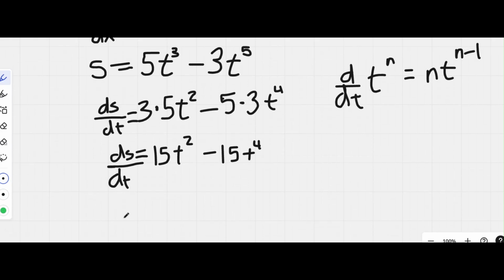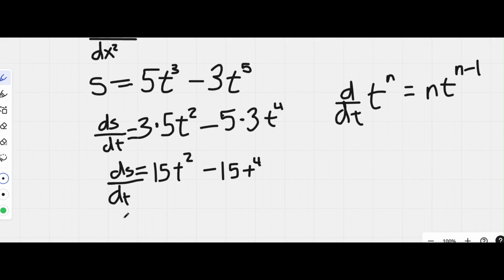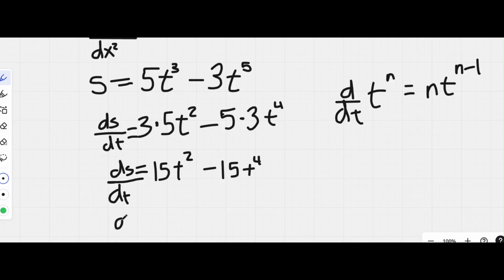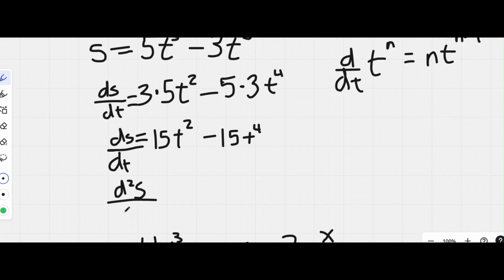And our second derivative, written as d squared s over dt squared, we apply the same principle, the same methodology, bring this power down and multiply times the coefficient.